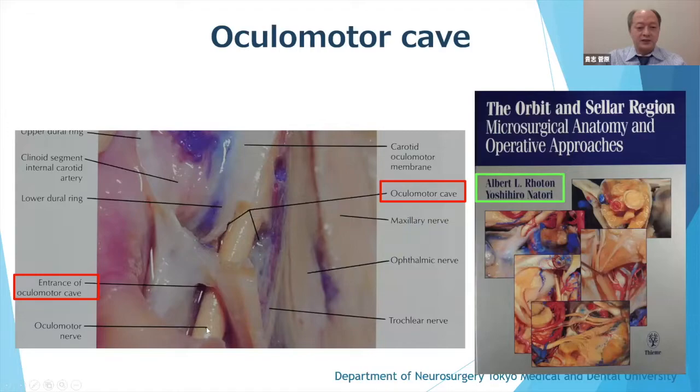This place is very important because the tumor can easily invade this space and compress the oculomotor nerve and damage these cranial nerves. So we have to remove the tumor in the oculomotor cave to decompress the oculomotor nerve and recover its function.